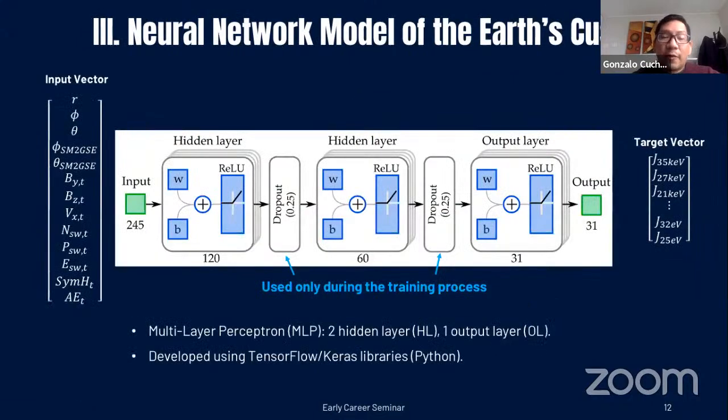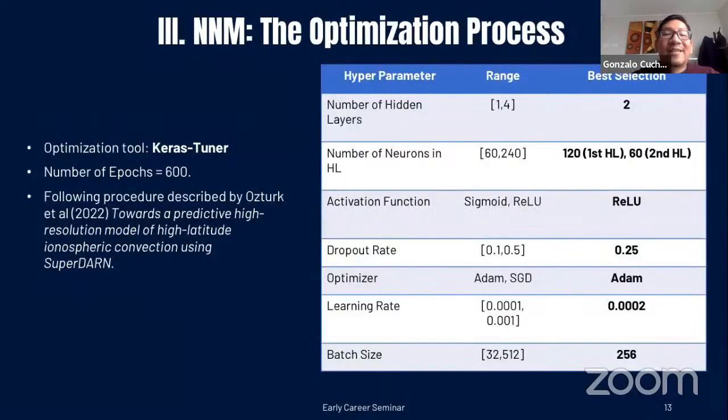So as I said before, this model has been optimized. This optimization requires selecting hyperparameters. Those hyperparameters are listed here. They are the number of hidden layers, the number of neurons in the hidden layers, the activation function, and additional parameters that are also needed to create an efficient model.